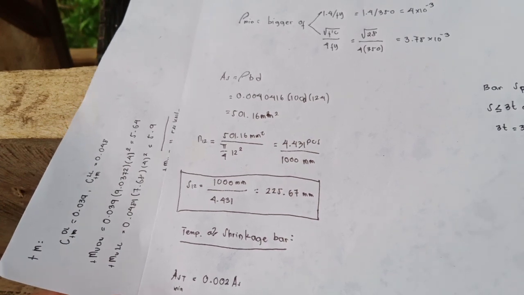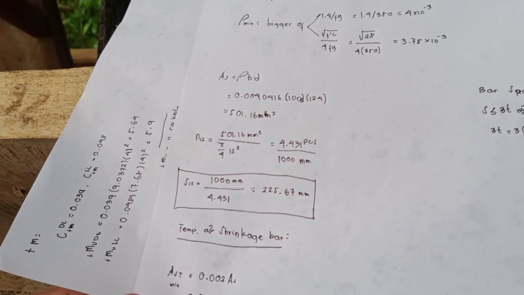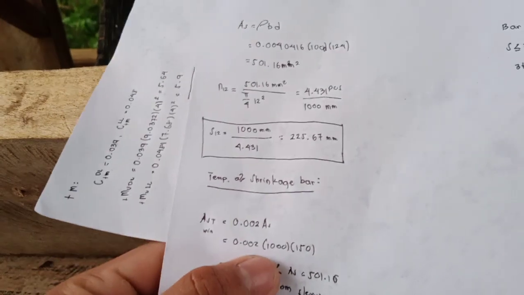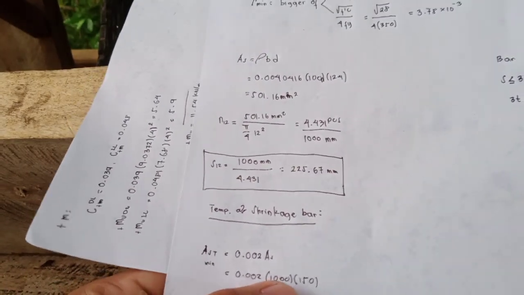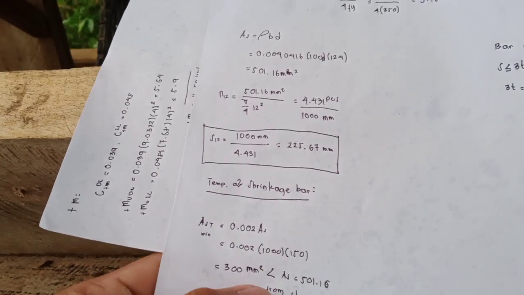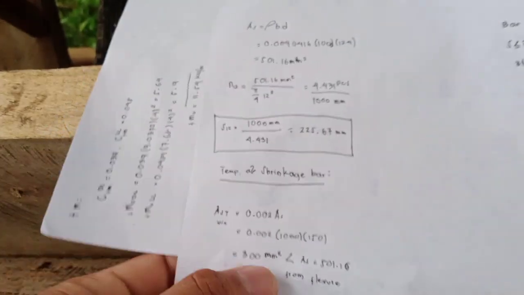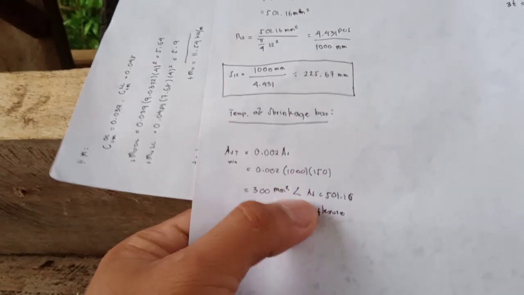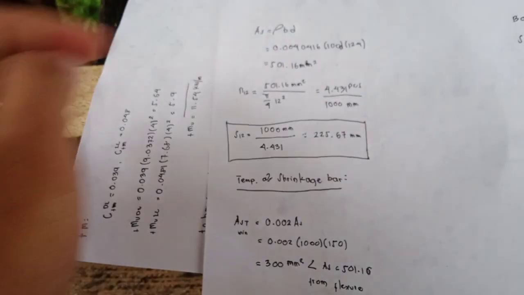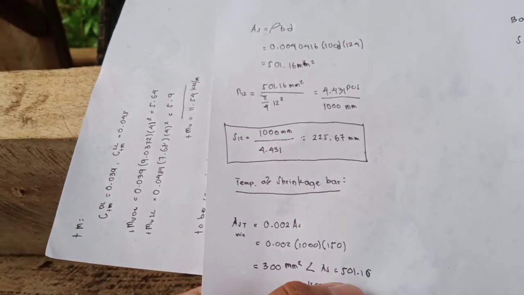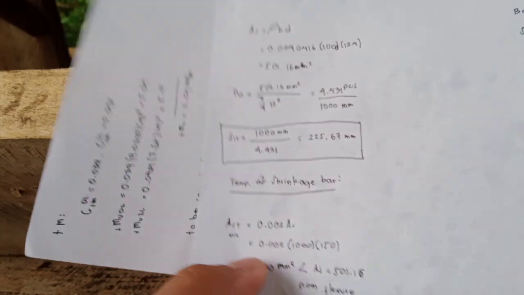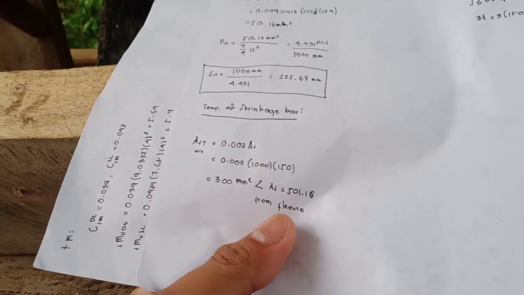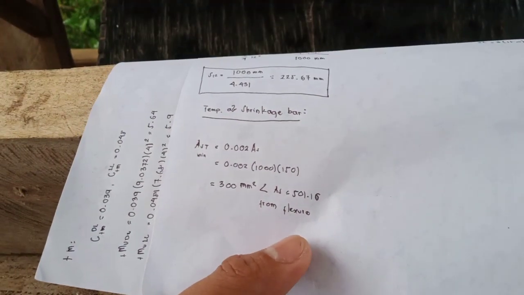In our temperature bar, Ast is equal to 0.002 times the gross area. The gross area is 1000 millimeters times the depth of 150, so this is going to be 300 millimeters squared. Compared with the 501.16 for flexure, this is more than the area required by the temperature bars.